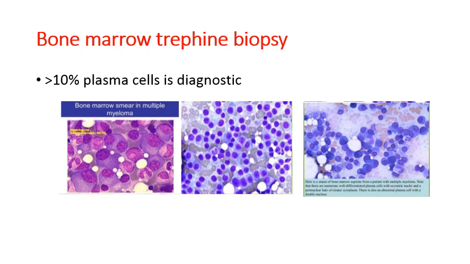The plasma cells have this classic bluish purplish appearance due to their large, eccentric nuclei. If the percentage of plasma cells in the bone marrow is more than 10%, it is diagnostic of multiple myeloma.